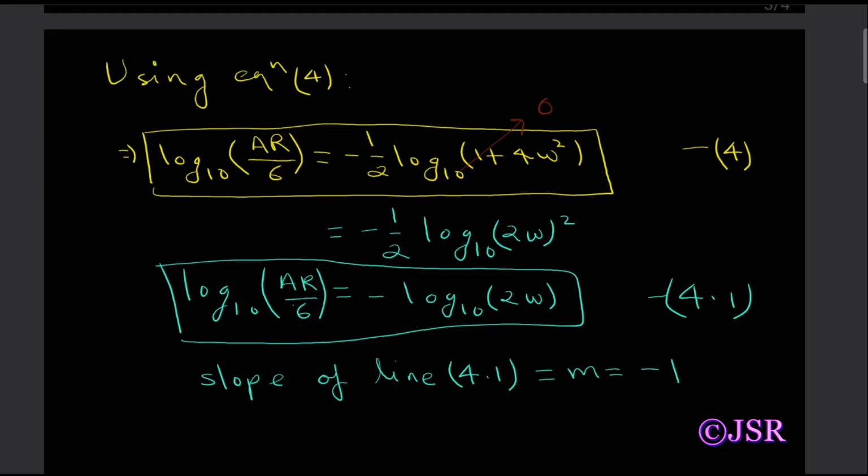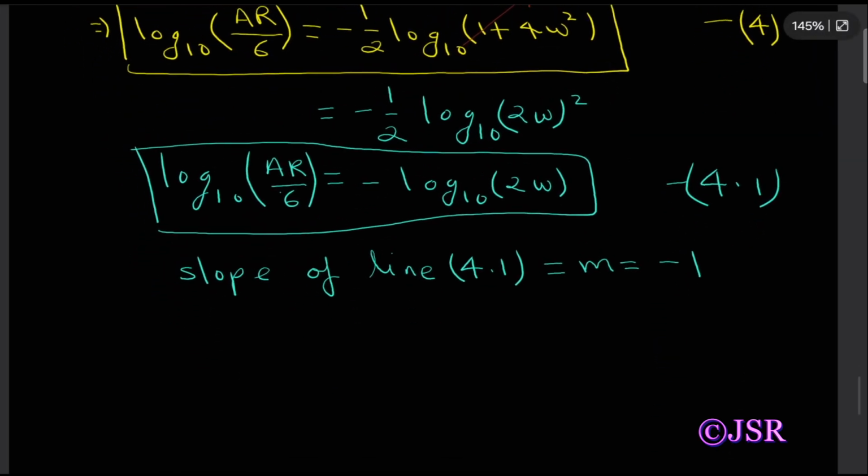The contribution from the high frequency asymptote for the first order system is the slope minus 1.